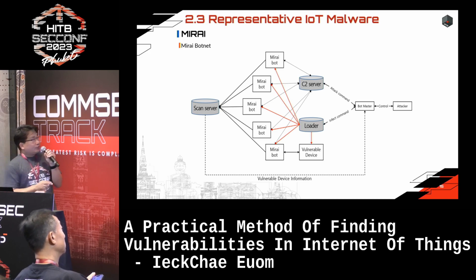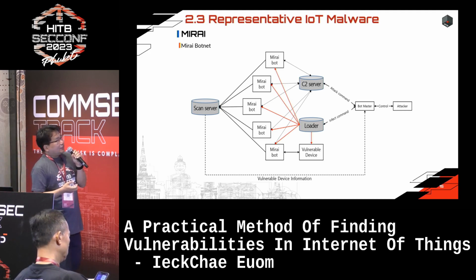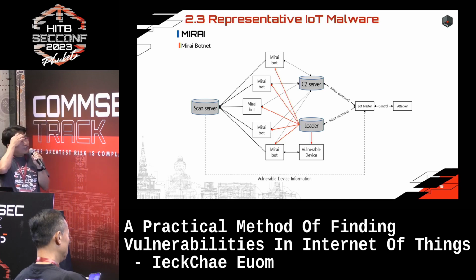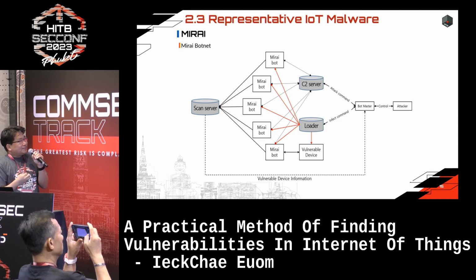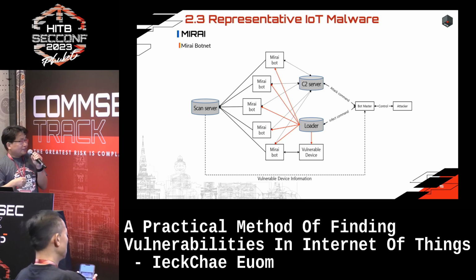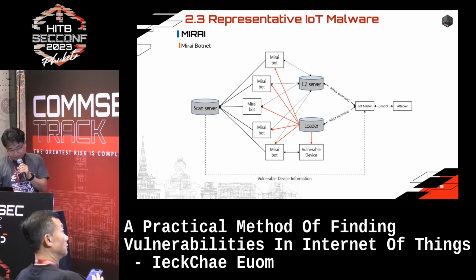This is the mechanism of the Mirai botnet. Mirai uses a C&C server, scanning and a loader, so it can be commanded by the same server, and it generates more traffic to other connected devices.